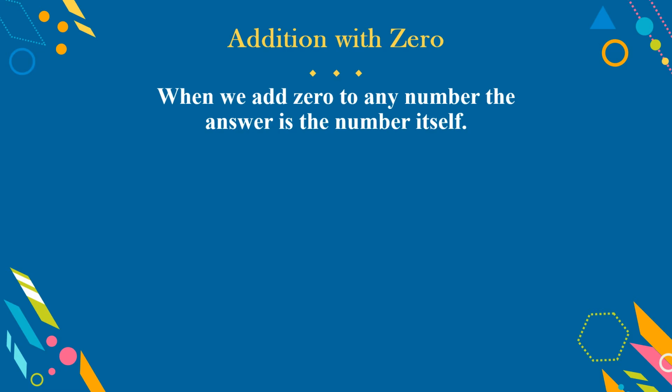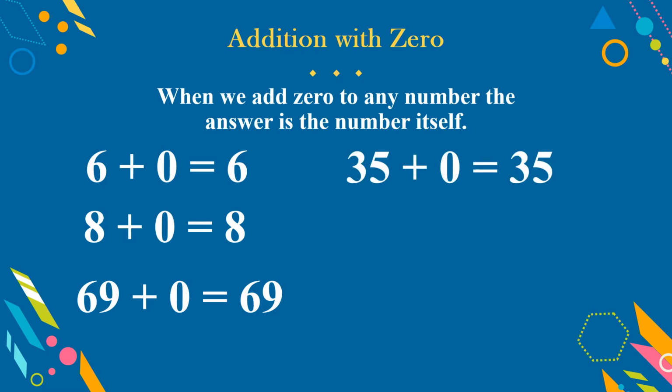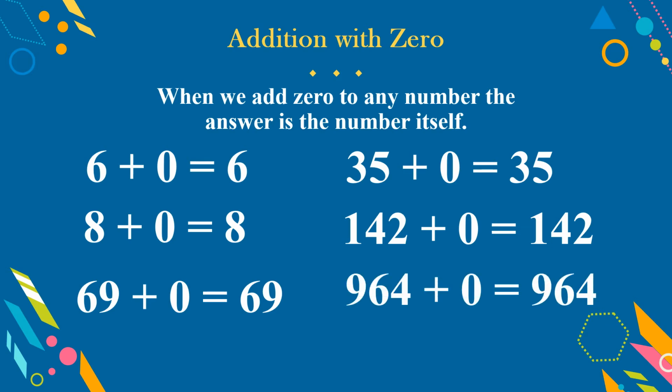So we can write 6 plus 0 equals 6, 8 plus 0 equals 8, 69 plus 0 equals 69, 35 plus 0 equals 35, 142 plus 0 equals 142, 964 plus 0 equals 964.